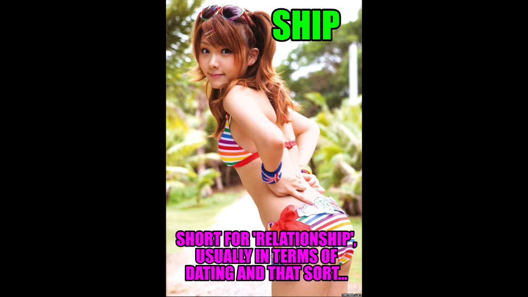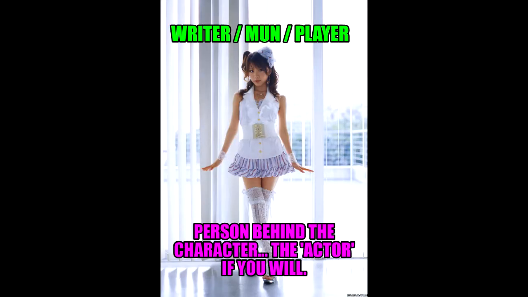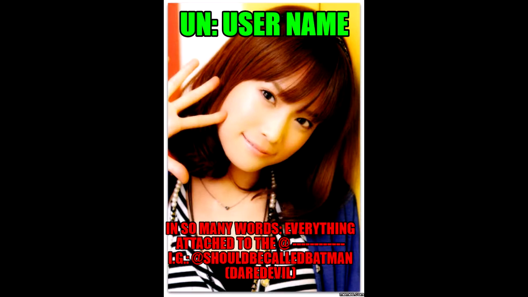Now, remember I said Twitter seems a bit pretentious because they call themselves writers. Well, in other versions, it's known as writer, mun, player, etc. As you saw in the picture I showed. We're going to move on to the next part, which is the username, which is more of a Twitter thing.